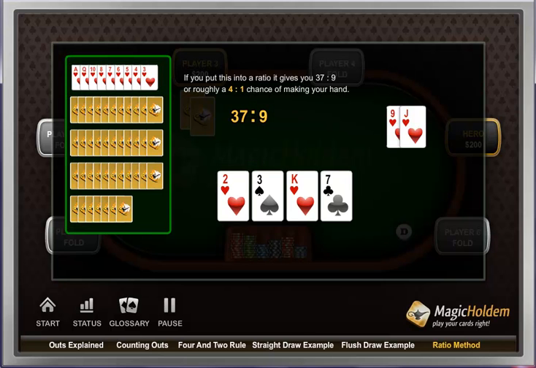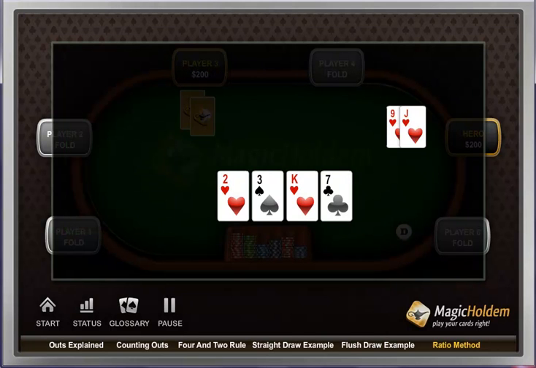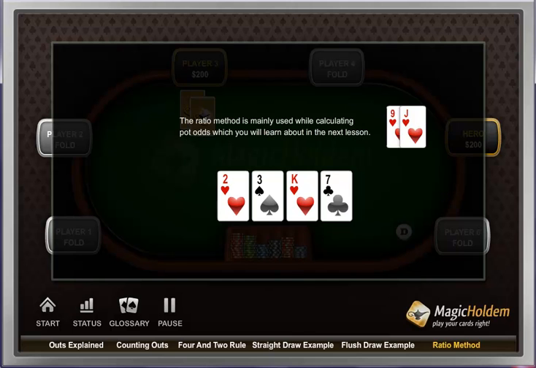If you put this into a ratio, it gives you a 37-9, or roughly a 4-to-1 chance of making your hand. A 4-to-1 ratio is equivalent to 20%. This is very close to the figure that we calculated previously using the 4 and 2 rule. The ratio method is mainly used while calculating pot odds, which you will learn about in the next lesson.